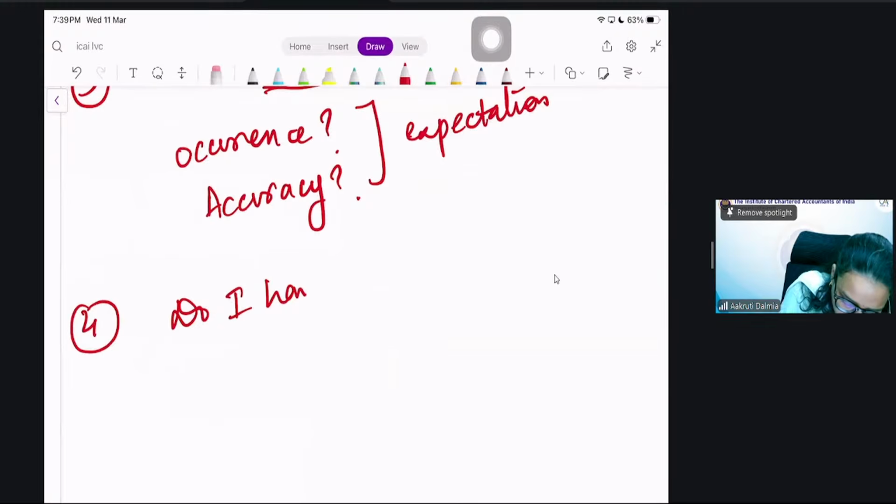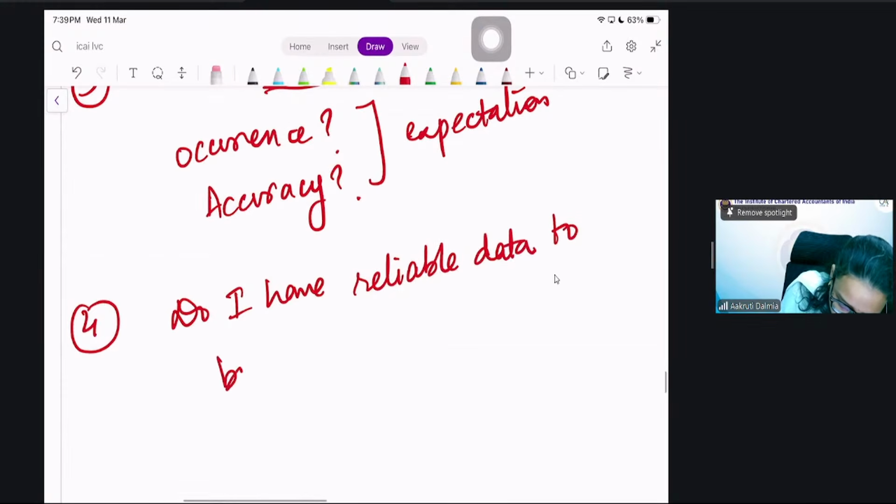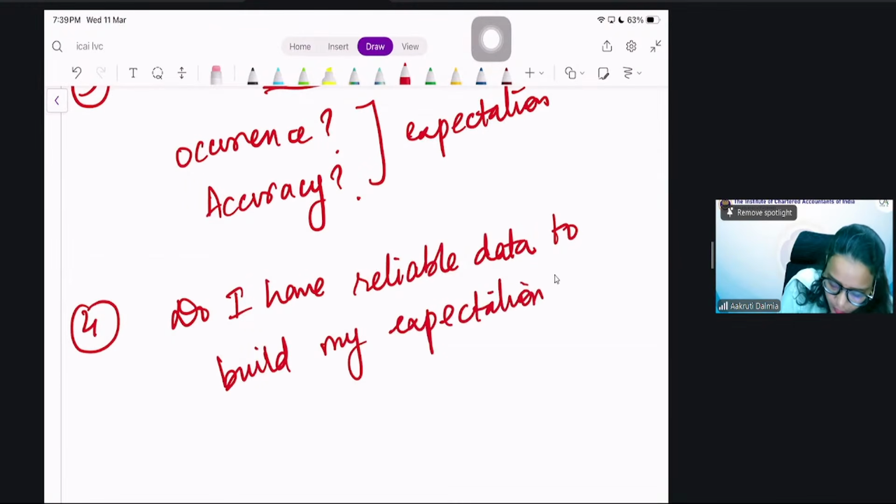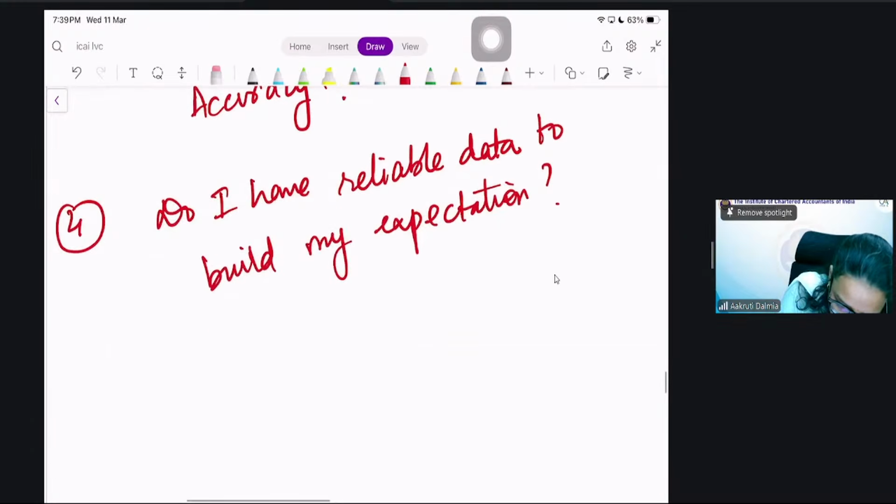Fourth thing: do I have reliable data to build my expectation? If I'm saying that the salary should only be 70 lakh rupees or 65 lakh rupees, do I have reliable data? Which means, is there an HR employee list?